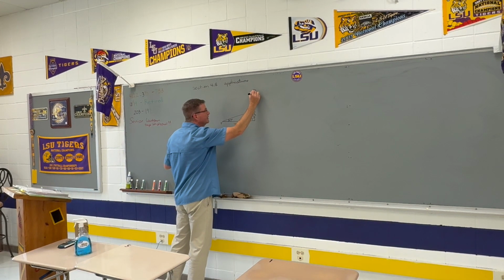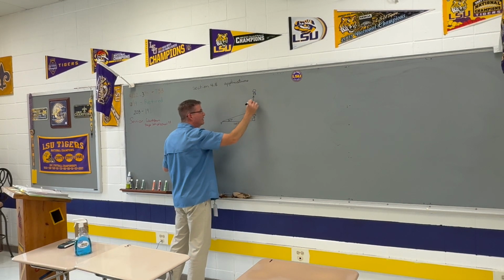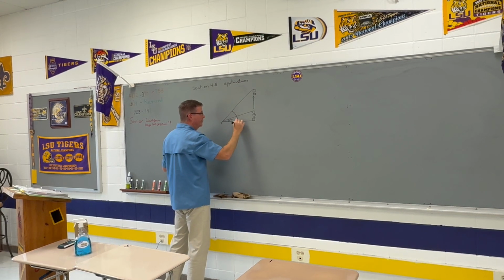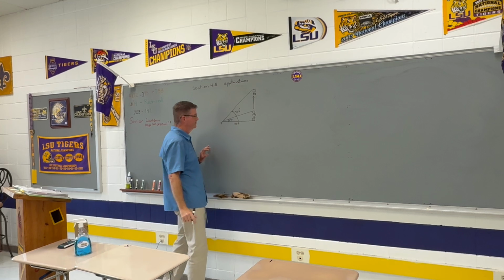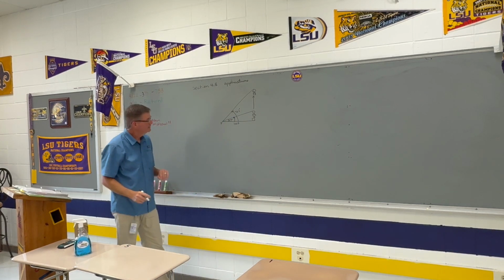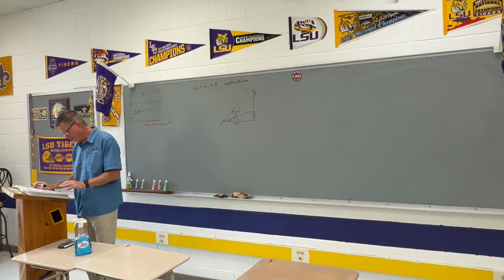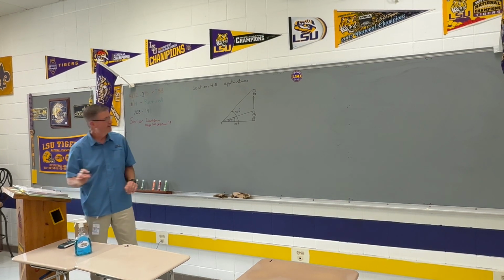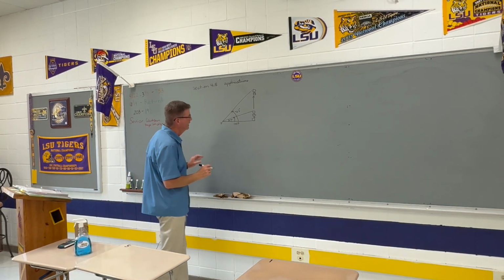So in 1 minute, the balloon has traveled this far up, and the angle of elevation now is 76.2 degrees. Remember, that's the total angle, not from where it was. This is the original angle, okay? And they want to know, during that minute, how far did the balloon rise?